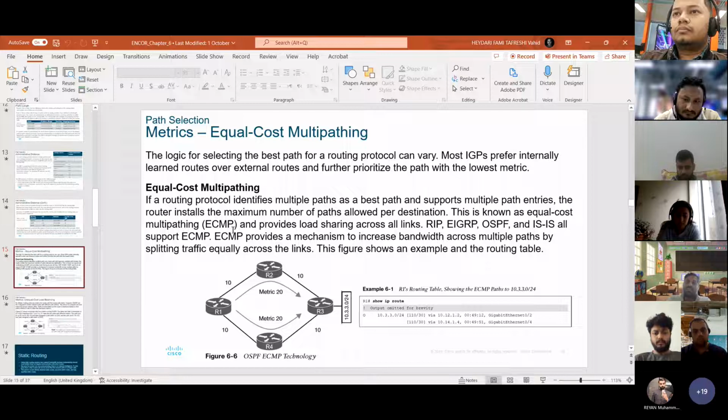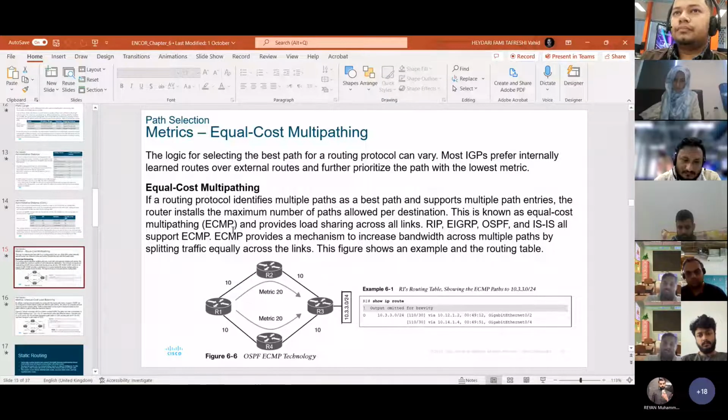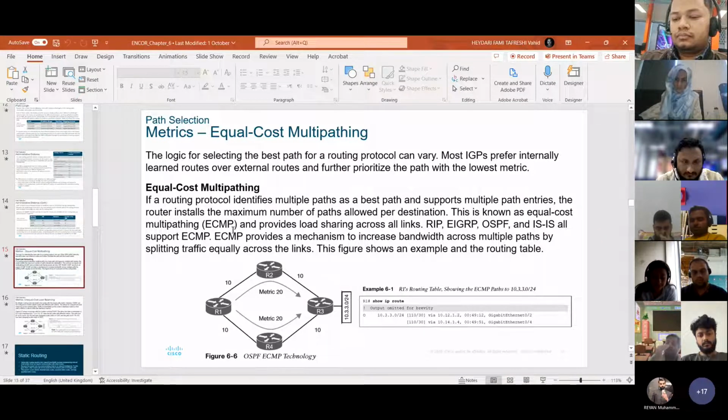So the lower the metric, the better. They are going to, first of all, send traffic internally, not externally, if they can. And then within different IGP protocols, which one should we choose? We should choose the one that we are running but has lower metric. That one is going to be chosen.